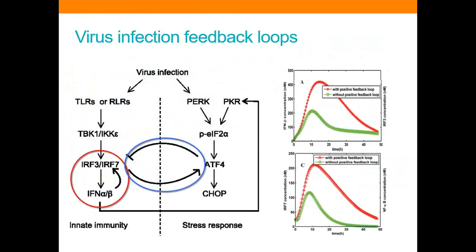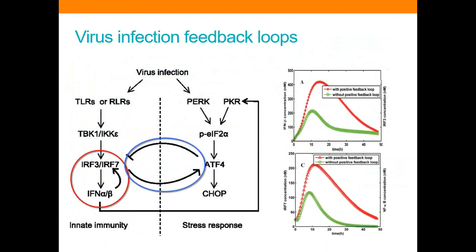Now, this is a virus infection. And this virus, which essentially gets in the cell, can have different effects on different pathways. Over on the left, the virus is affecting the cells through the toll-like receptors and the RIG1-like receptors.